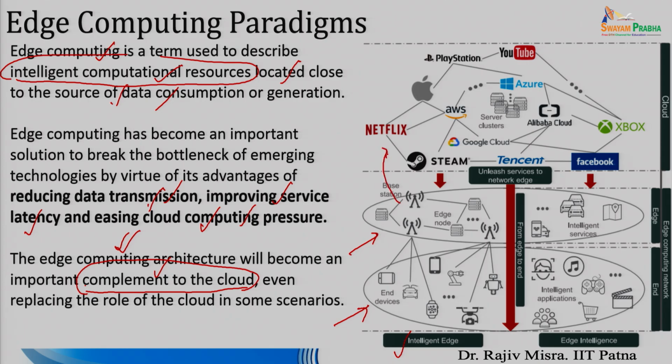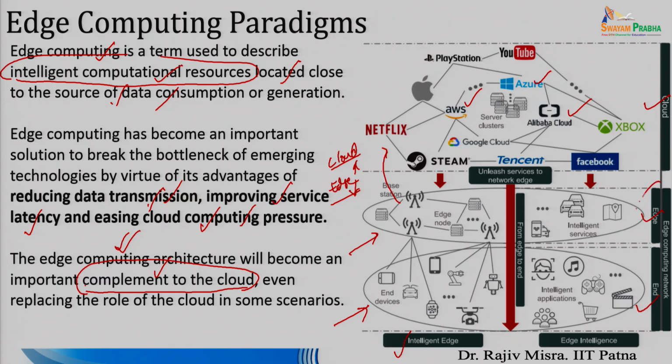In this particular slide you can see there is a line which says that below this line will be the edge layer or edge nodes, and above this there is a cloud. So, different types of clouds, whether it is AWS or Azure, Alibaba cloud, are all shown here. So, this is the cloud, this is the edge and this is the end device.